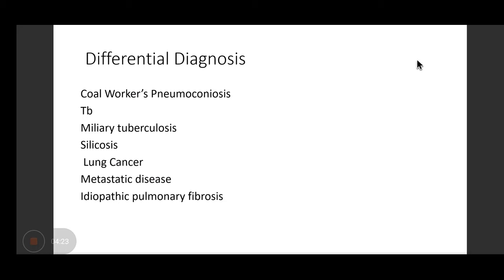You can do ZN stain, or the gold standard is culture, that is Lowenstein-Jensen culture, which is the gold standard. Okay, so these are the examinations that you can do. First, Mantoux test, and sputum you can test with AFB stain, and you can also do culture. And for history, what history will a patient of tuberculosis give?